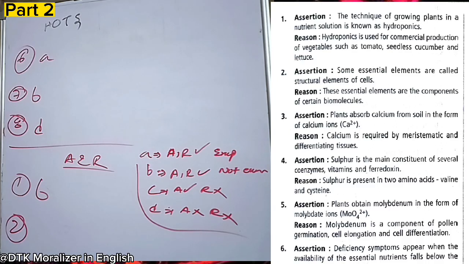Some essential elements are called structural elements of cells. These essential elements are the components of certain biomolecules. Yes, here in the assertion, essential elements are mentioned. The reason is correct. So both are correct and it is the correct explanation. So option A.